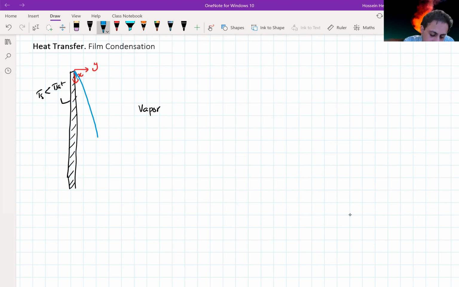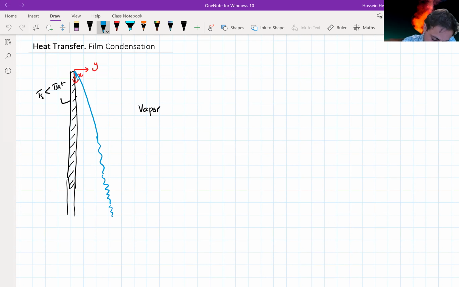The condensation film is initially laminar, and then later on, after a certain point, the system becomes a little bit wavy, and then we get to a turbulent regime. So this is going to be the condensate film.